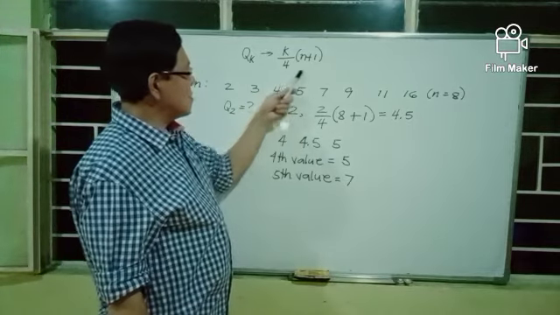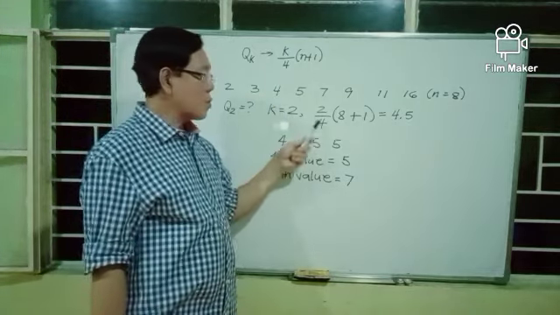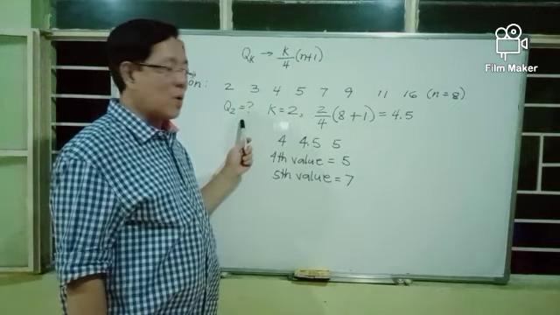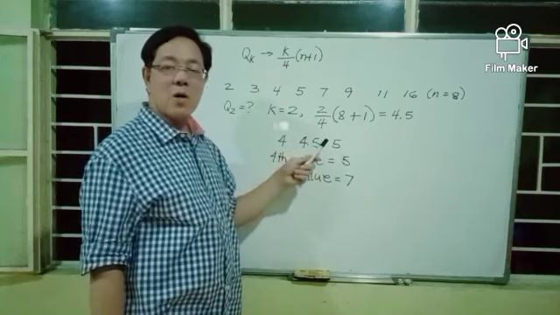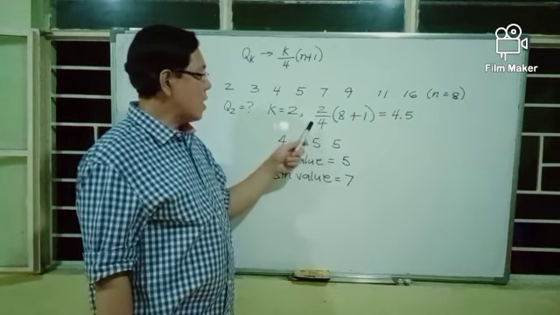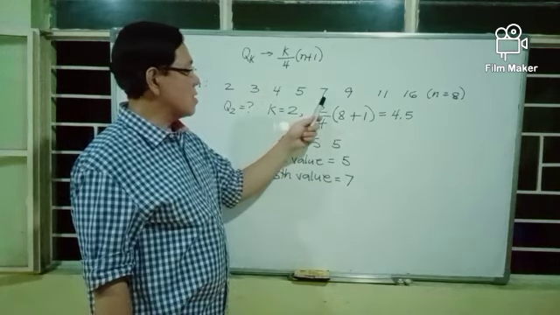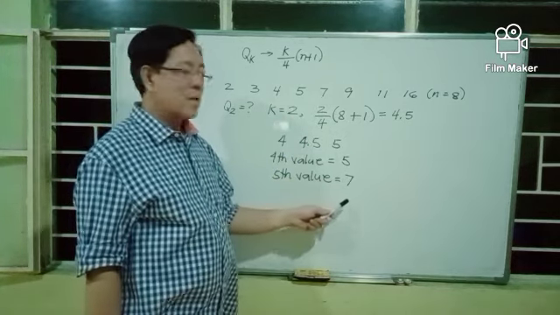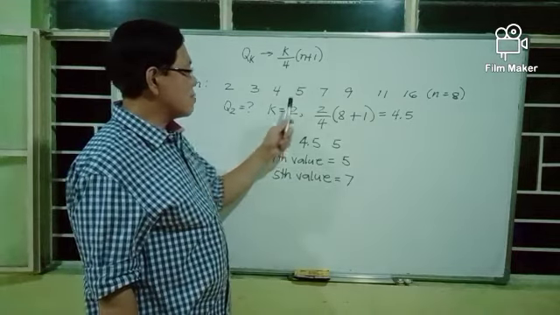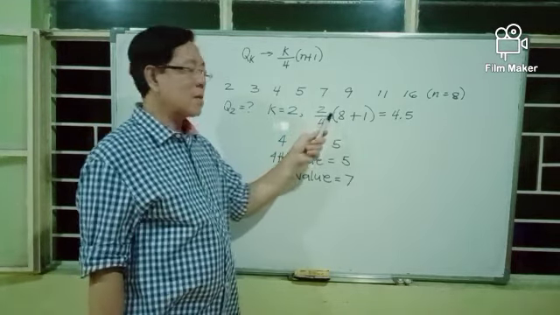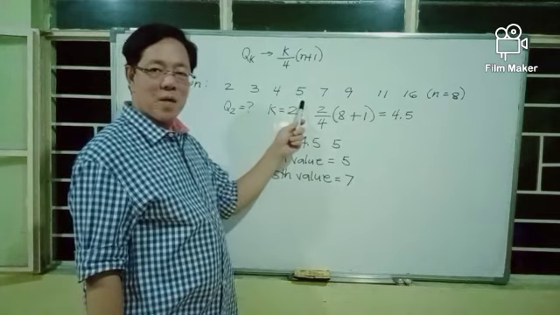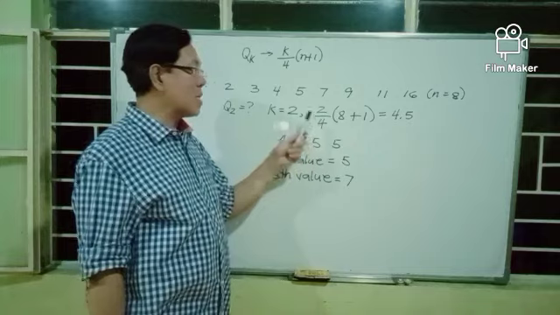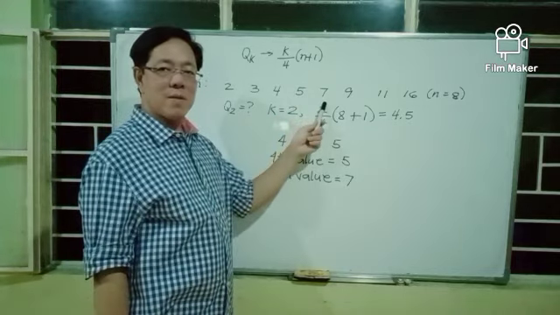This definition means that the value of Q sub 2, the second quartile, is 2 over 4, or 1 half, of the distance between 5 and 7. The second quartile is between 5 and 7. It is greater than 5 by 2 over 4, or 1 half, of the distance between 5 and 7.